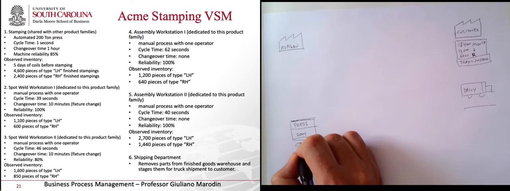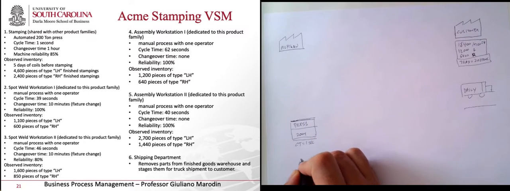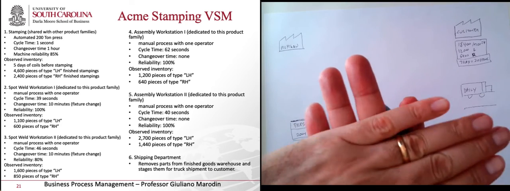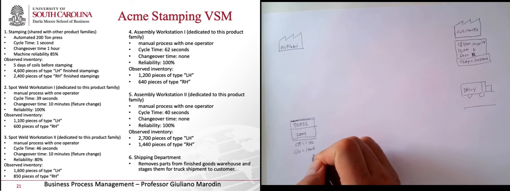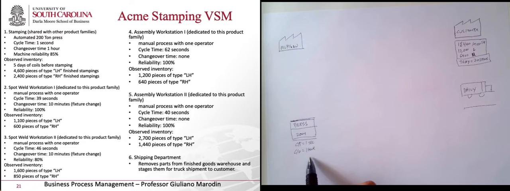Below it, I'm going to start putting the information. The cycle time is going to be 1 second. The changeover is going to be 1 hour. So I have to imagine this is a press, a process that presses the metal sheets or coils or rolls, and it's very quick, very fast doing the press, but it takes an hour to change from one product to the other, right?